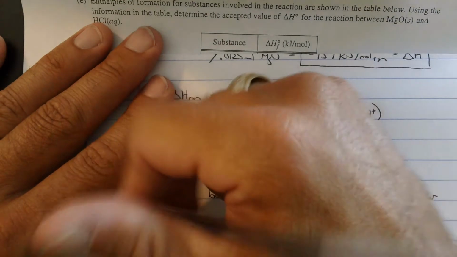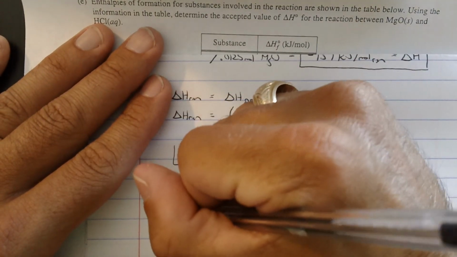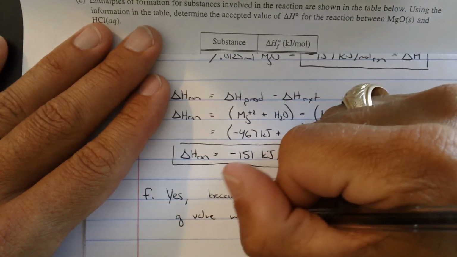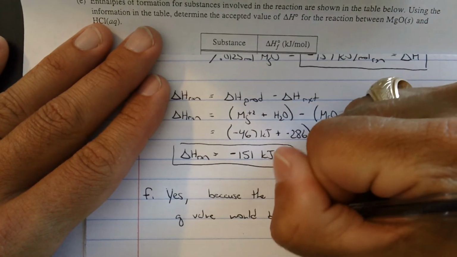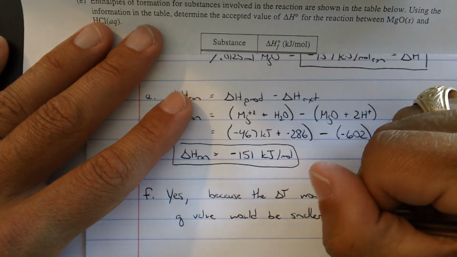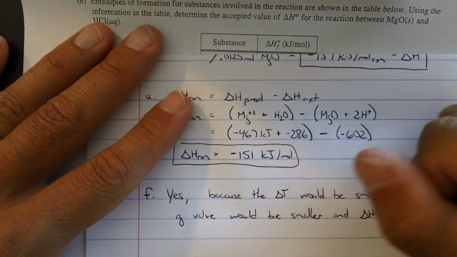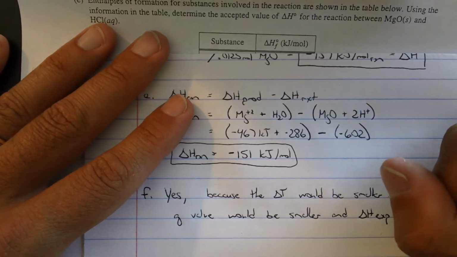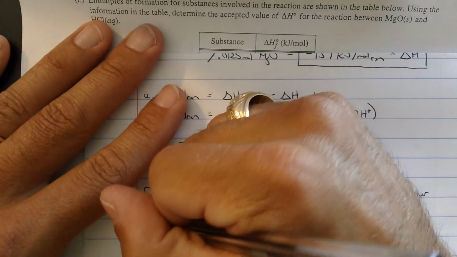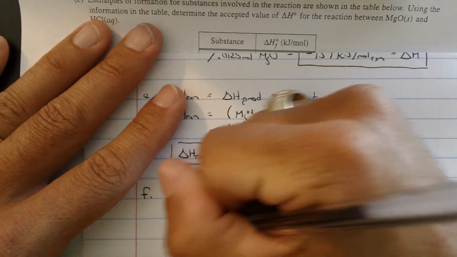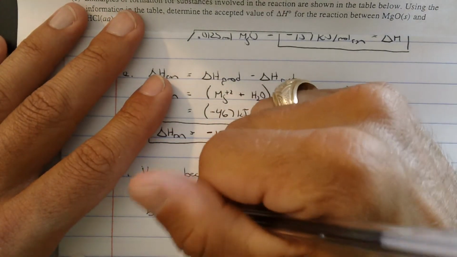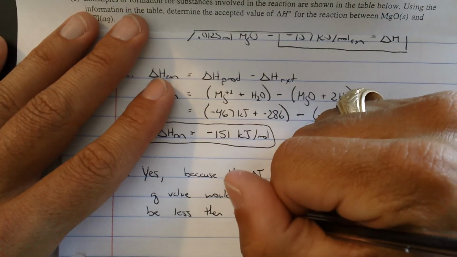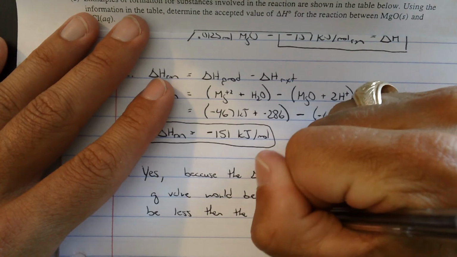So our Q value would be smaller, and delta H, the experimental one, would be less than the accepted value.